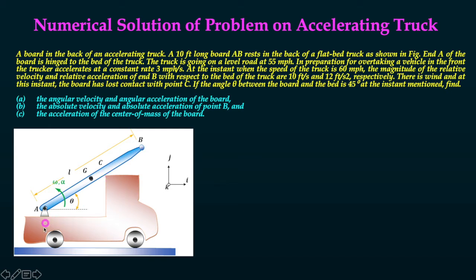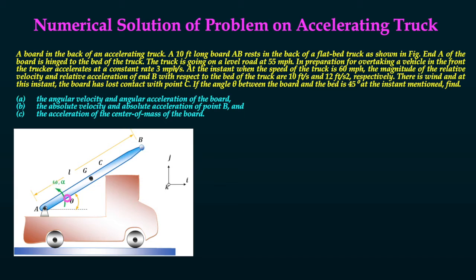Now, when the truck is in motion in this direction, due to this acceleration, this contact may be detached. And at that moment, there is a relative velocity of B, meaning a relative angular acceleration and angular speed.